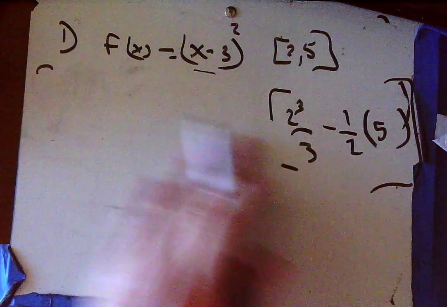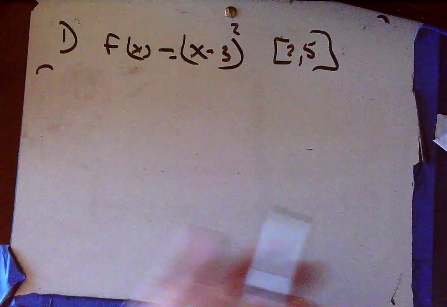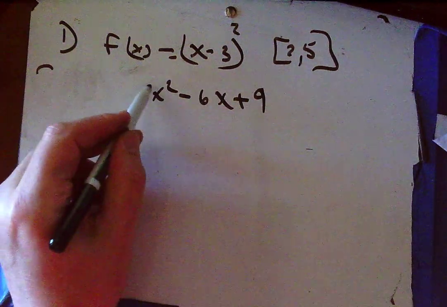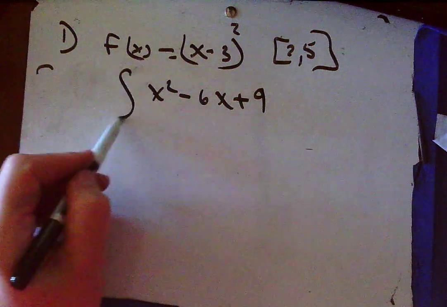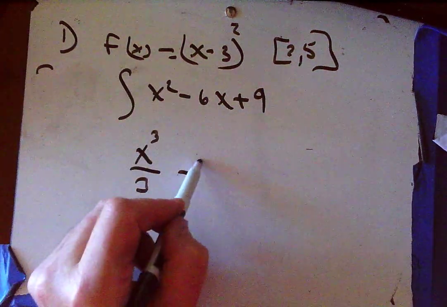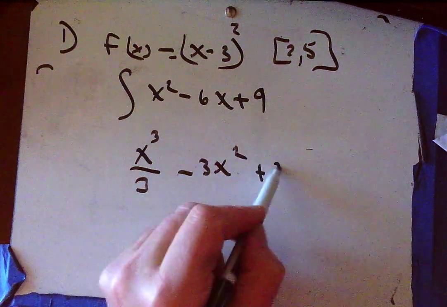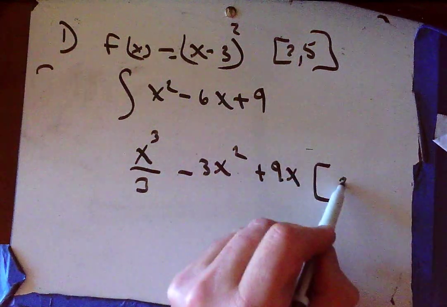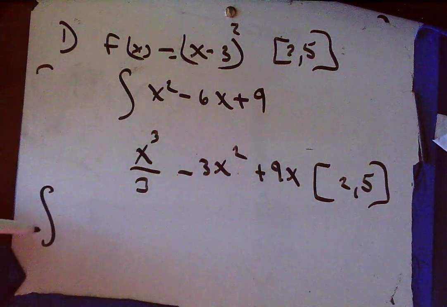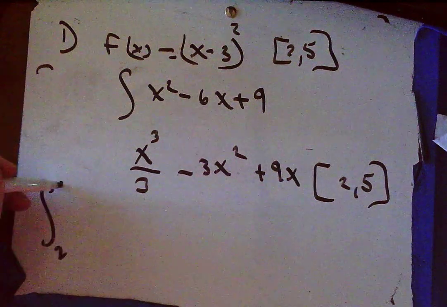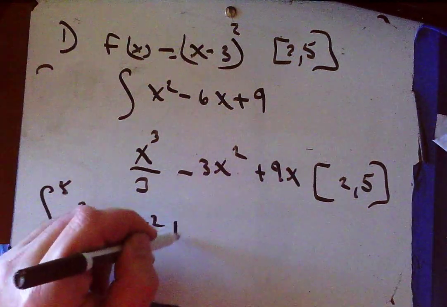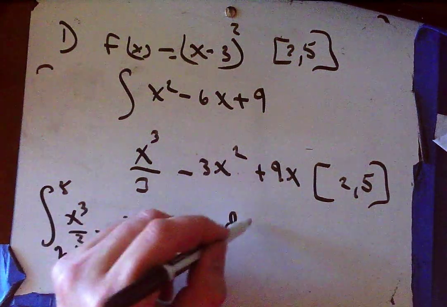Sorry, going back, nagging self-doubt. Sometimes it's good to listen. x squared minus 6x plus 9. And we're wanting average value, so we're going to integrate this: x to the third over 3 minus 3x squared plus 9x. So I need the integral from 2 to 5 of x to the third over 3 minus 3x squared plus 9x dx.